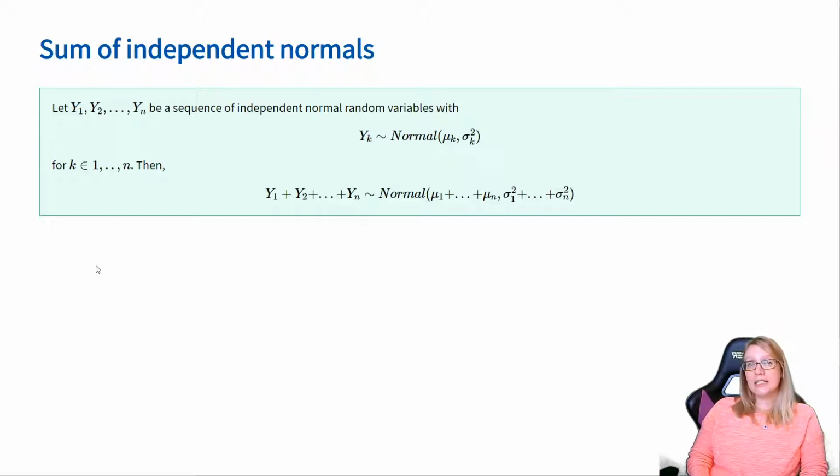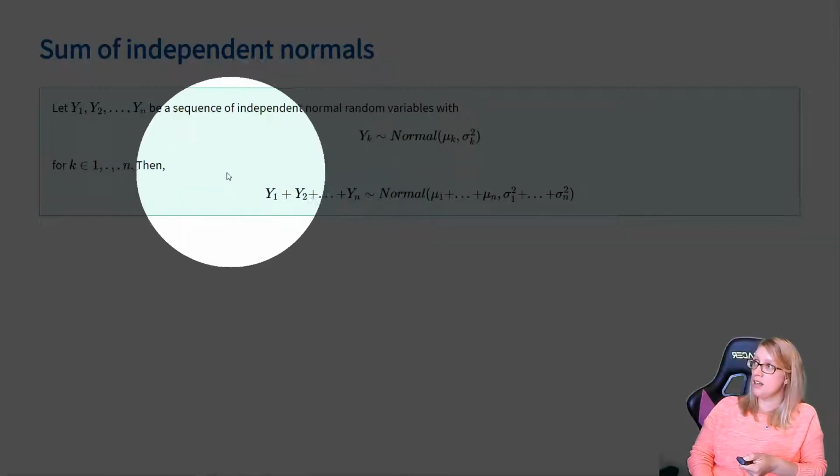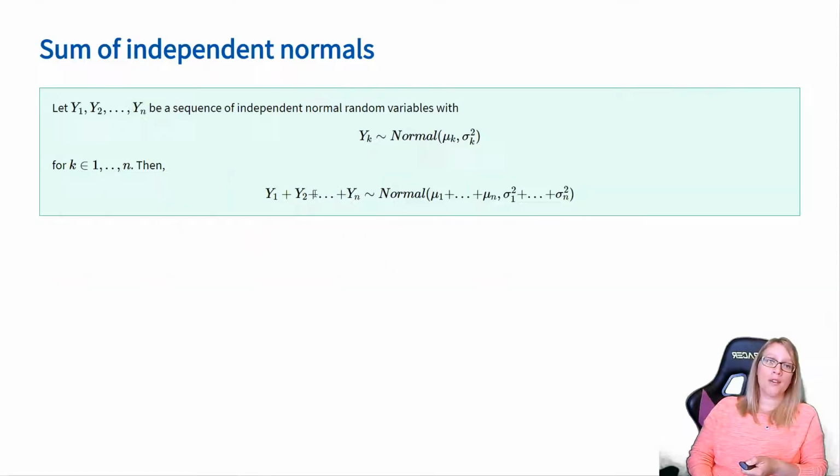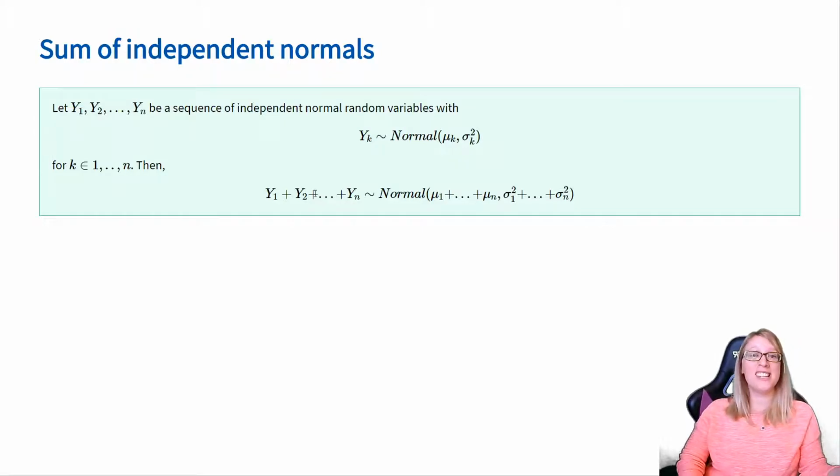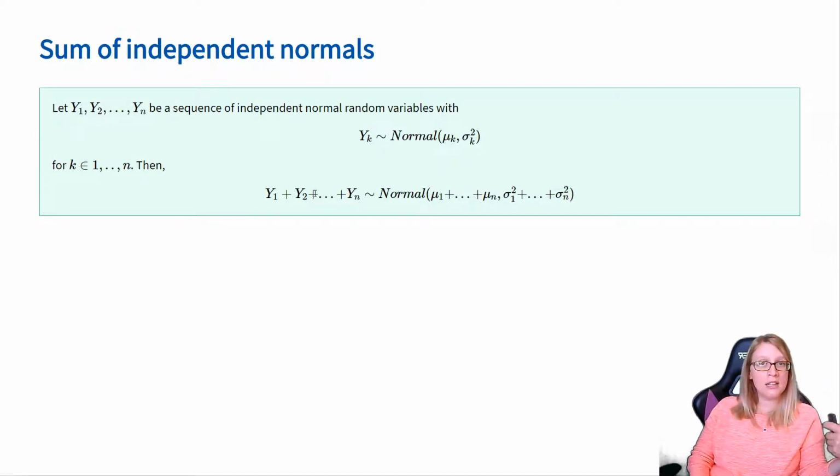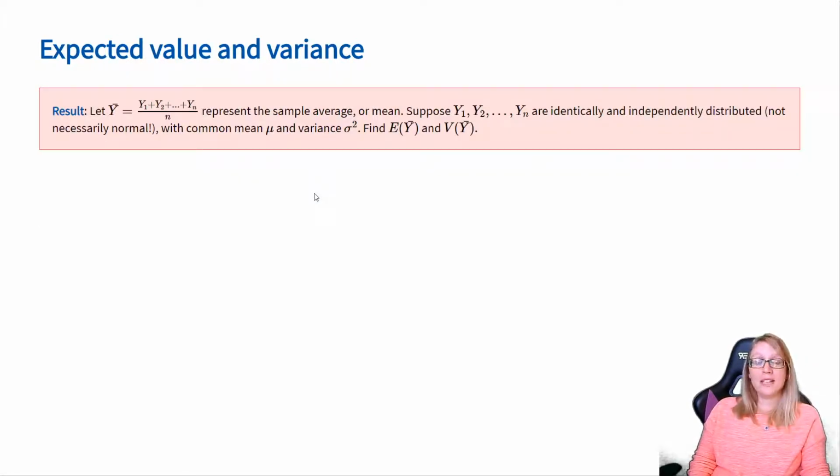The variance is the sum of the variances. Now notice we're not multiplying any constants here. These are all the individual random variables on their own. If we did multiply by a constant or add a constant, this would change. But the takeaway point here is that the sum of normal random variables is normally distributed.